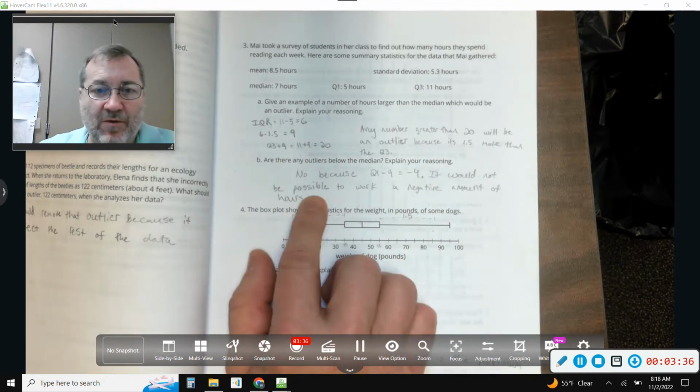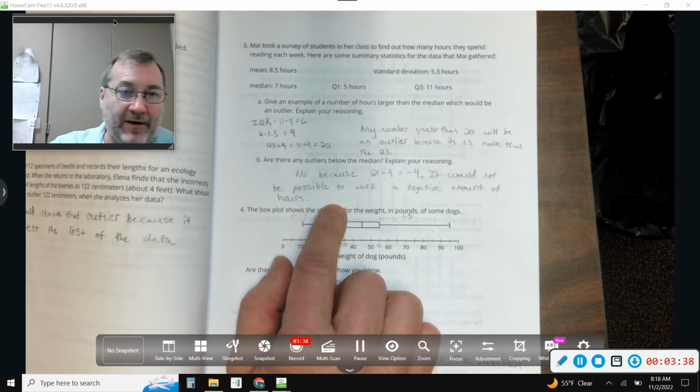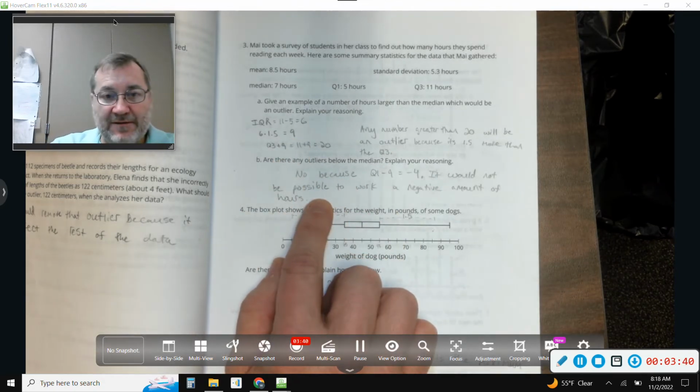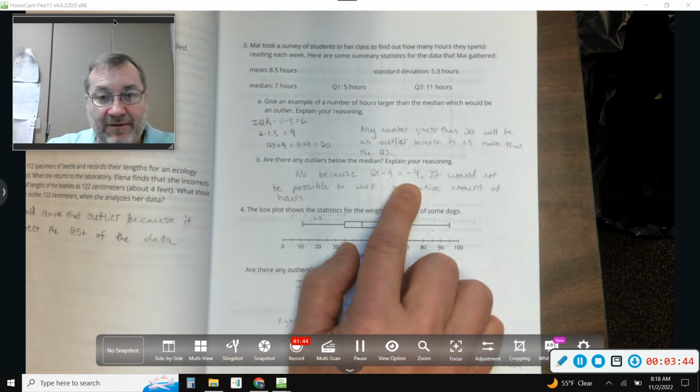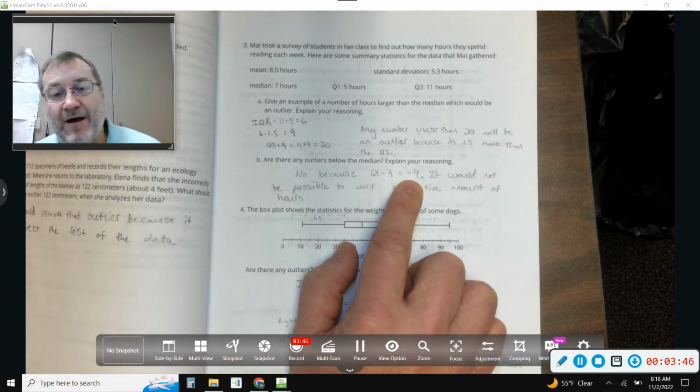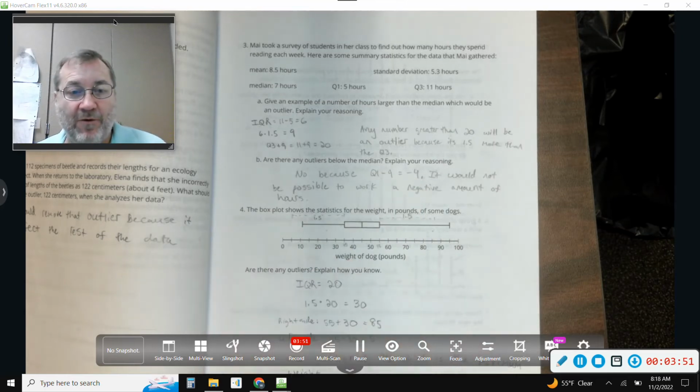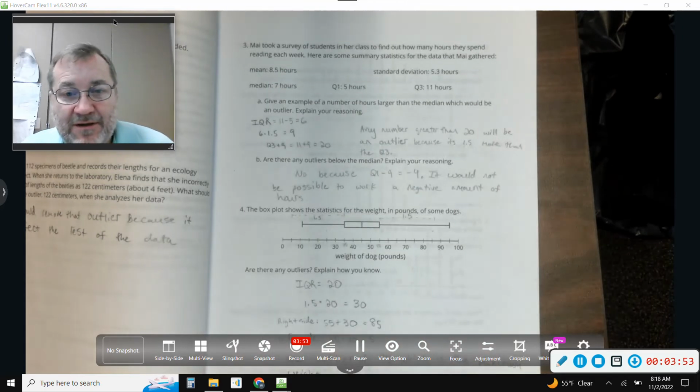So there's no way that you could possibly get an outlier on the lower side, on the left-hand side of this. So no, not possible, because the end of the outliers is at -4. It'd be impossible.